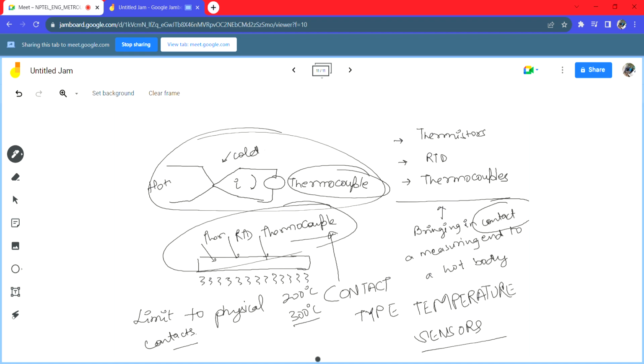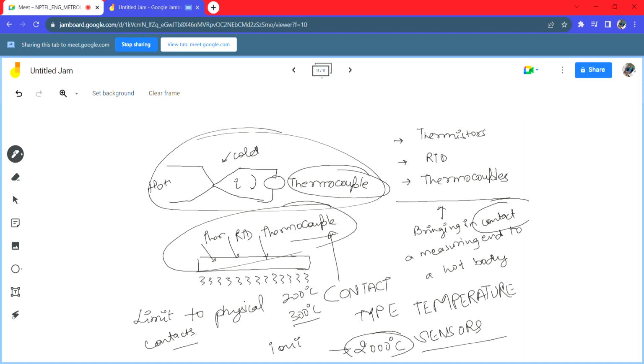But say our temperature goes on to become 2000 degrees Celsius. Now, this 2000 degrees Celsius will cause secondary effects such as ionization.